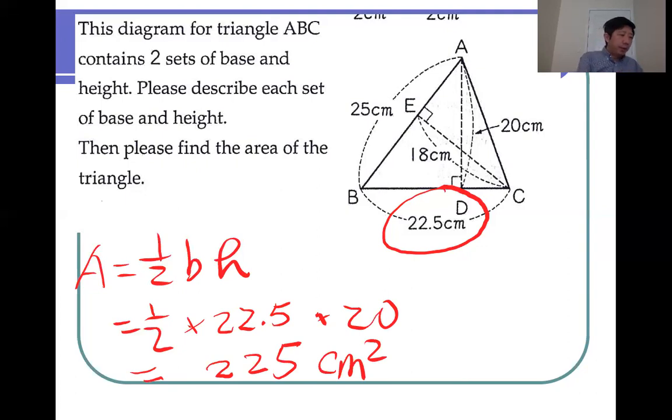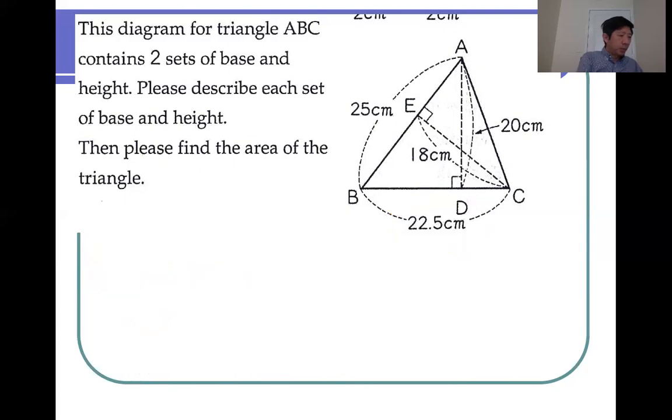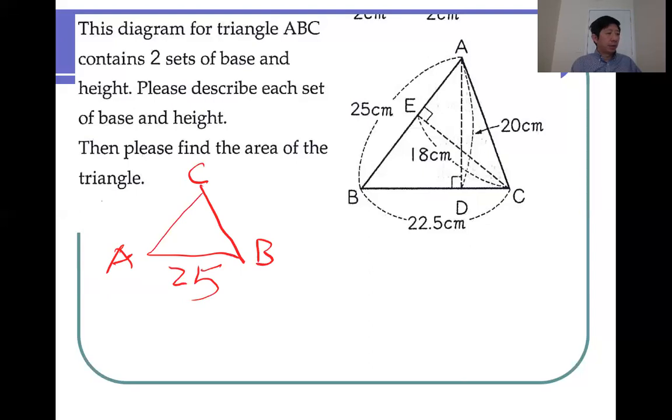Now, if I rotate like this, A is right there, C is right there, and B is right there. And then I have another base, which is 25, okay? And then next, once we rotate, this is 18, right? 18.